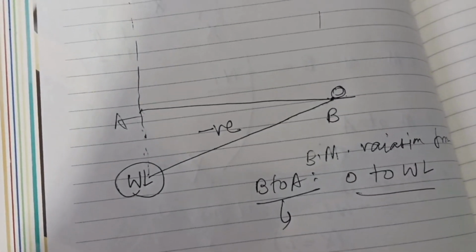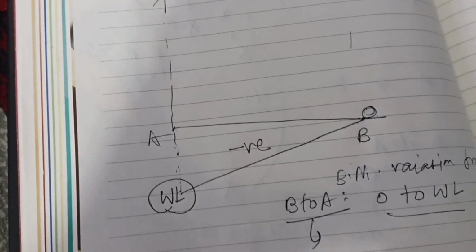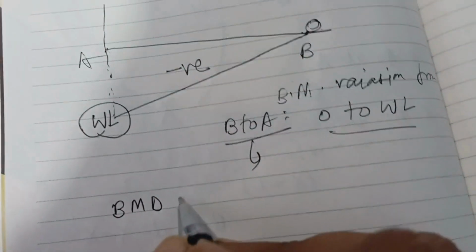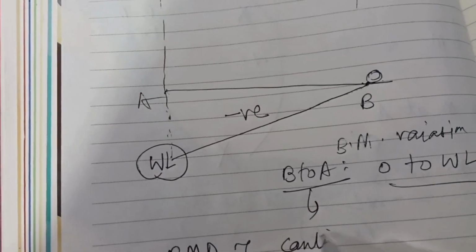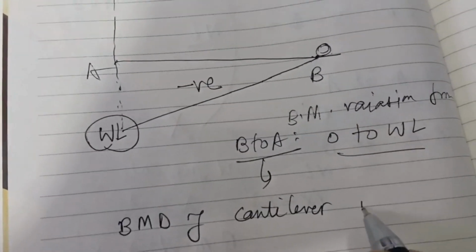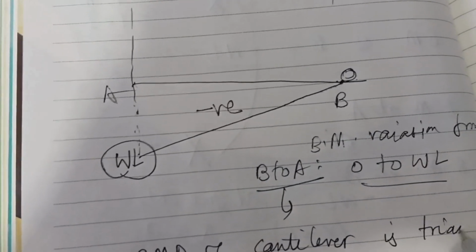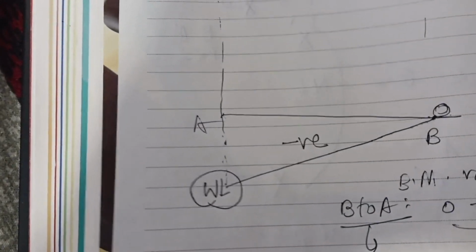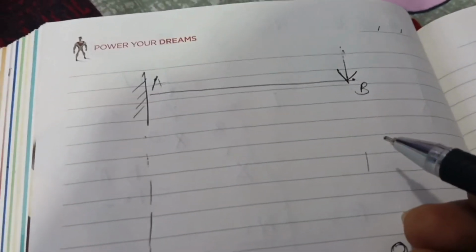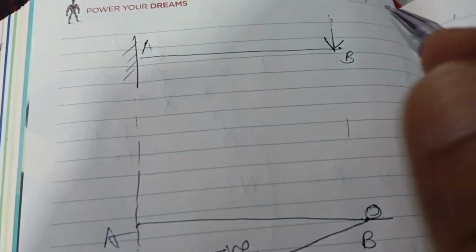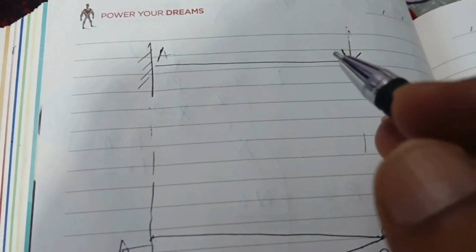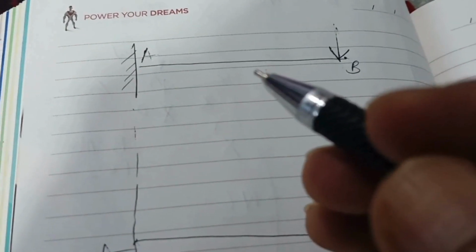So now talking about the shape of the bending moment diagram. The bending moment diagram of a cantilever is a triangle. And the conditions are: when a point load is acting at the free end and there is no other load like UDL, uniformly distributed load, or other kinds of loads.